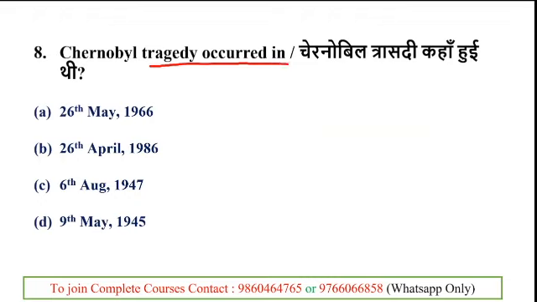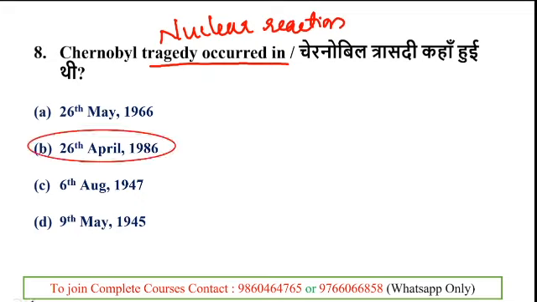Chernobyl tragedy occurred in. The Chernobyl tragedy was caused by a nuclear reaction, and it occurred in 1986, April 26.